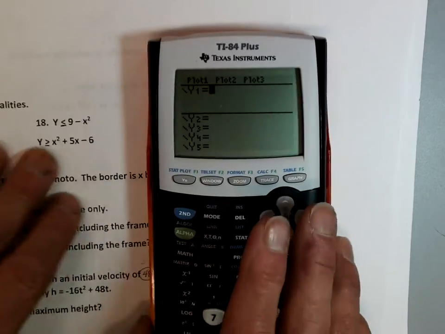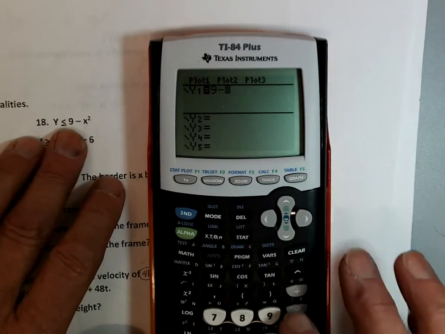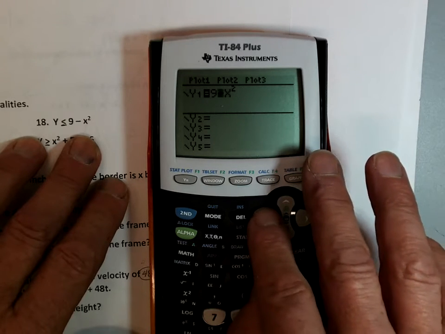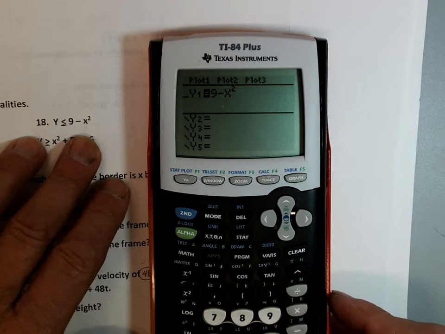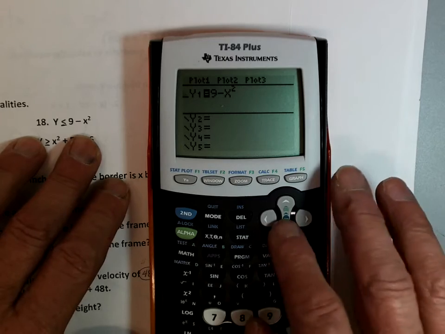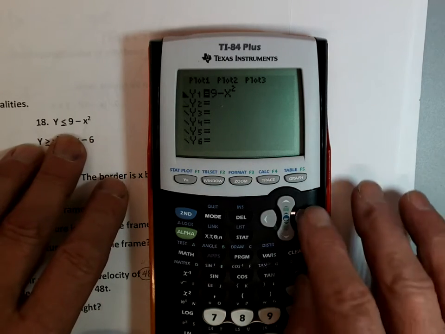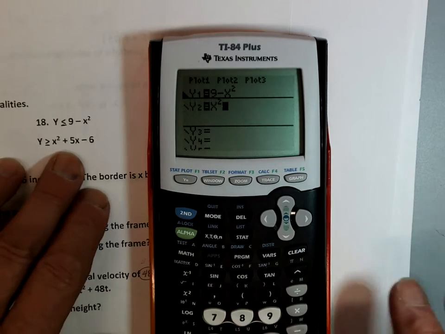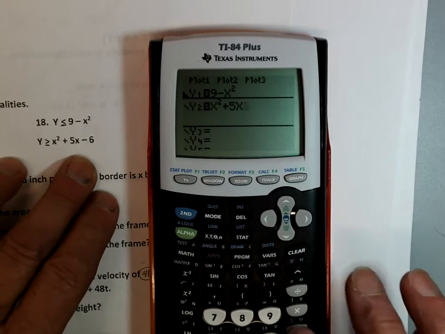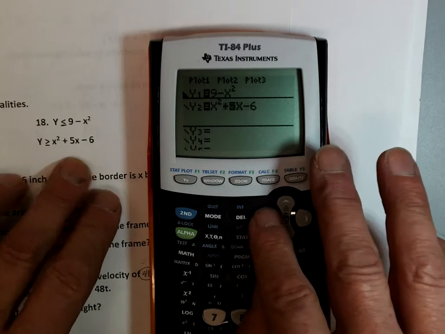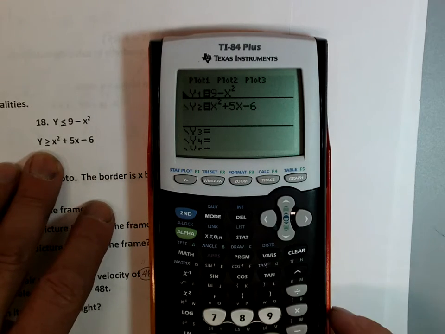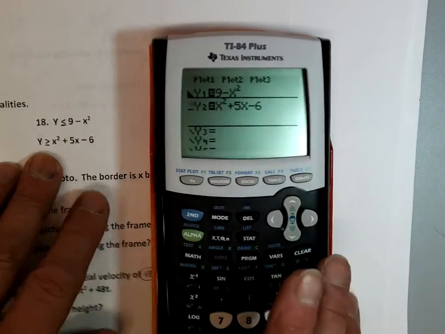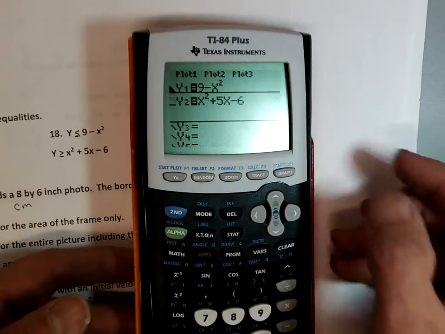18: 9 subtract x squared, make it less than, right? And then do x squared plus 5x minus 6 and make it greater than, right? Got it? No, just give me a close sketch of it.